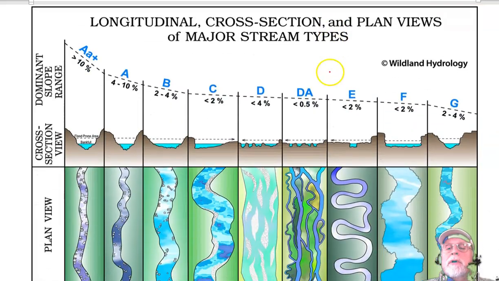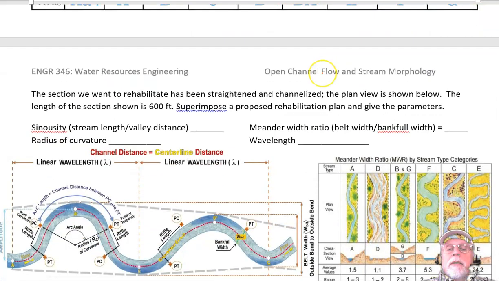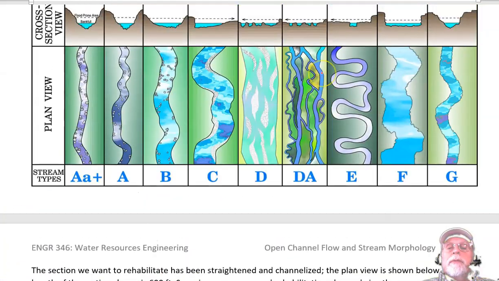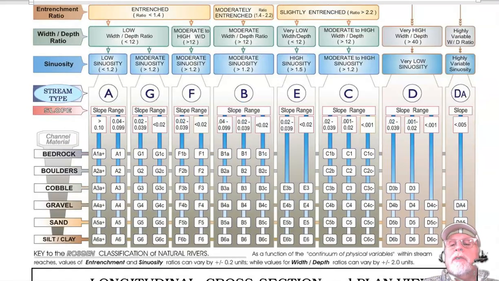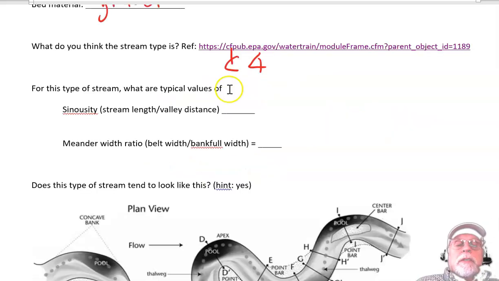Okay, that doesn't help us there. In this figure he says a C-type stream has a moderate to high sinuosity greater than 1.2. Elsewhere in his book, he does say the average of these is about 1.9. So something greater than 1.2, but about 1.9 is a typical value.